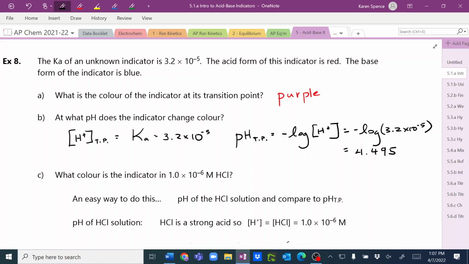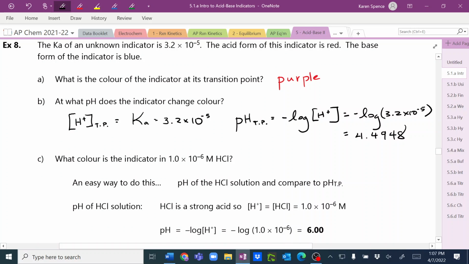Oh yeah, sorry, I actually shouldn't have written that as a 5. I should have written that as a 4/8. Yes, because that'll change our rounding, right? So that would then be 4.49. That gives us 2 sig figs to match with our 2 sig figs there.